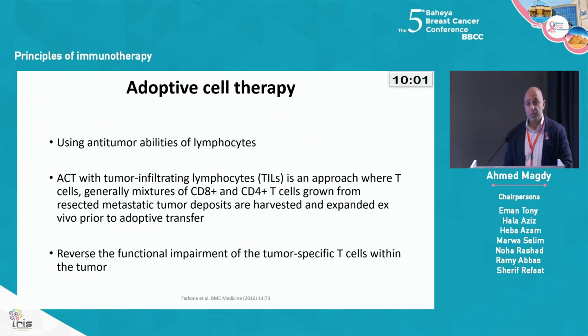What about adoptive cell therapy? Adoptive cell therapy, we've all heard about it these days. As I told you, the B cells are very highly specific and attack a specific antigen, and the T cells need a cell to introduce the foreign body. What if we can combine the B cell with the T cell and produce a T cell that directly attacks the cancer?